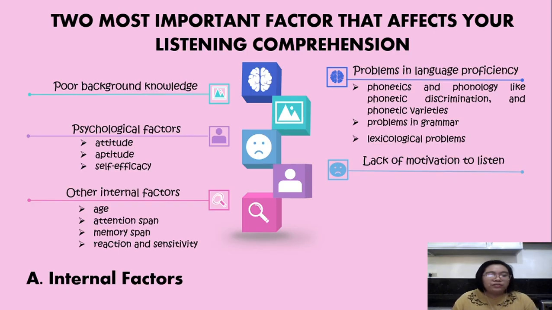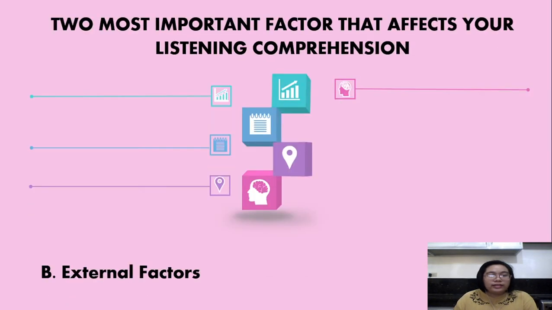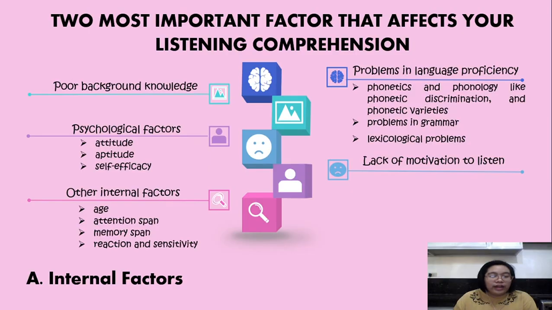It is the length of time that the student can concentrate in a listening activity. Next is the student's memory span, or the student's ability to encode, store, and retrieve information. Next is the student's reaction, or how the student reacts to what they are hearing, and their sensitivity to the sounds, meaning of utterances, words, etc.